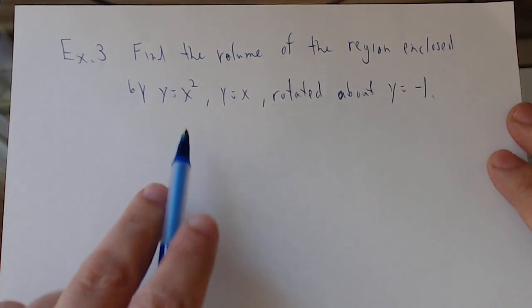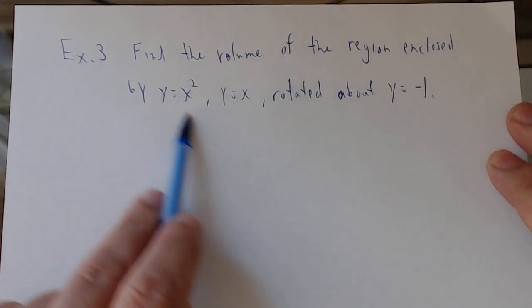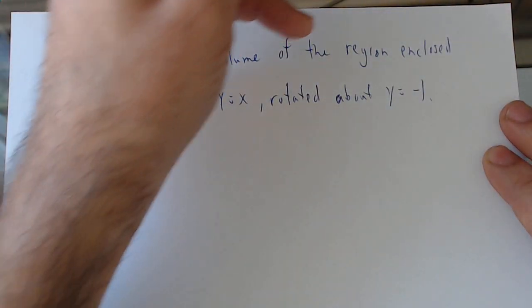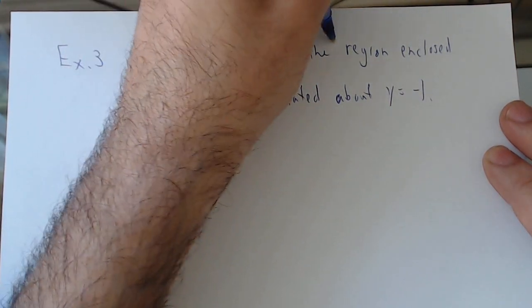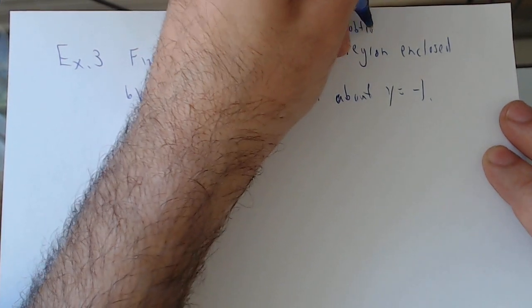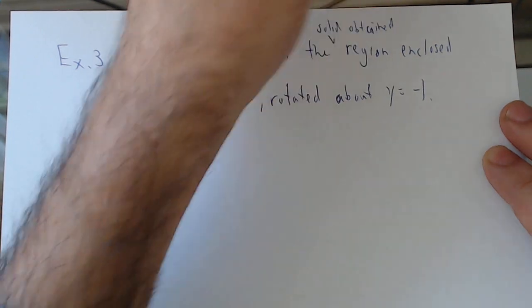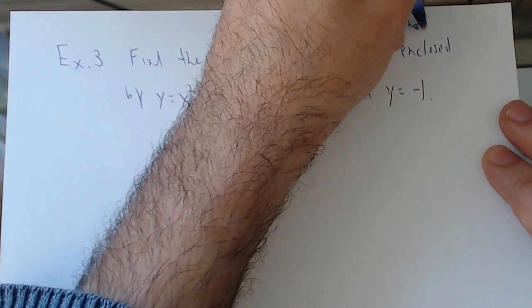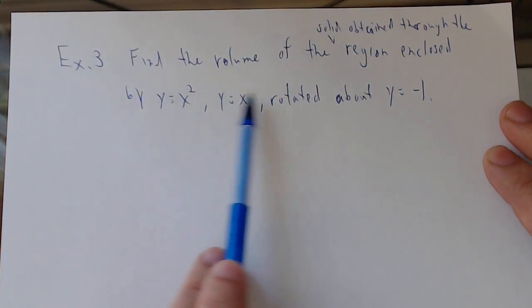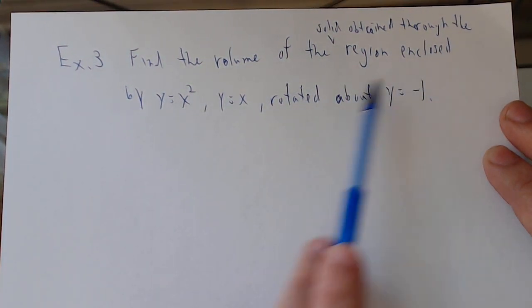But what we first need to do is find the region that's enclosed by these curves. Maybe I should say: find the volume of the solid obtained through the region enclosed by these curves.